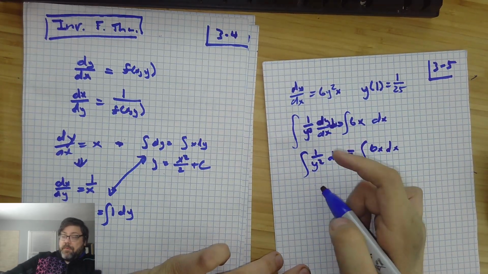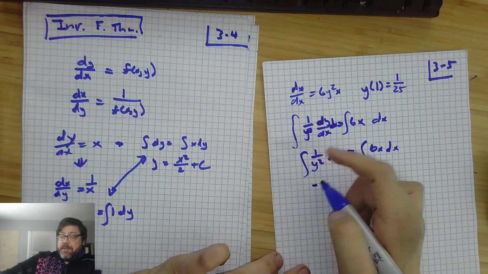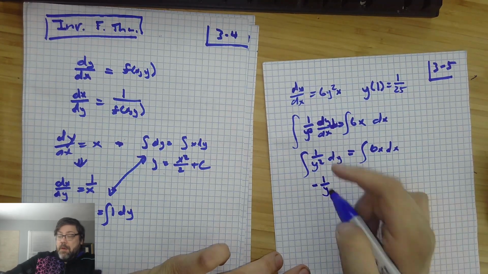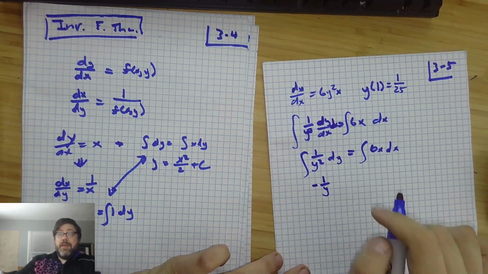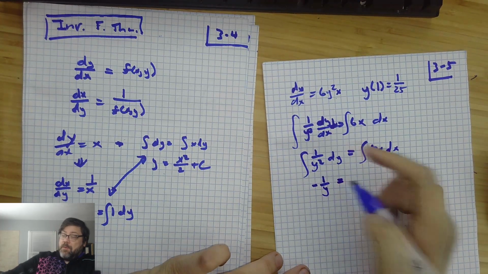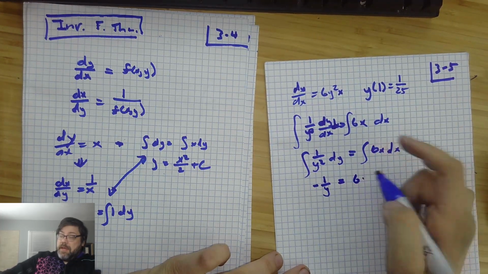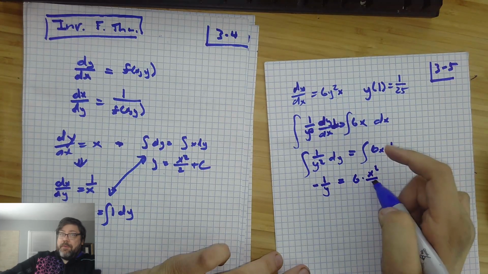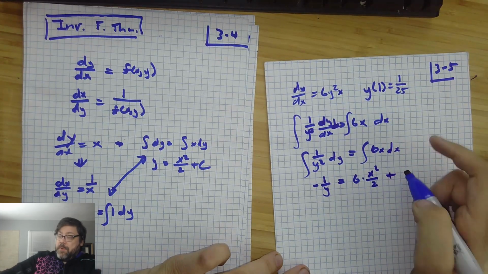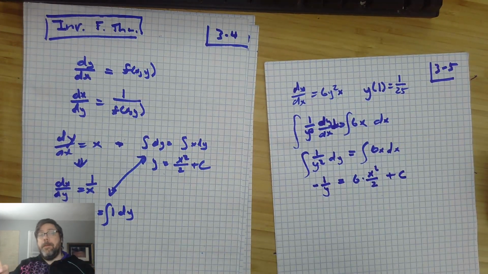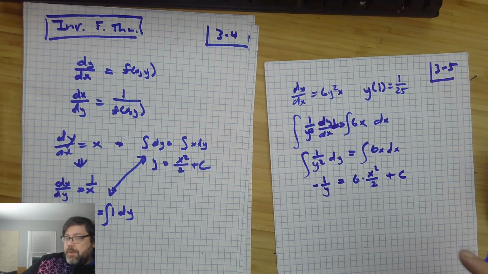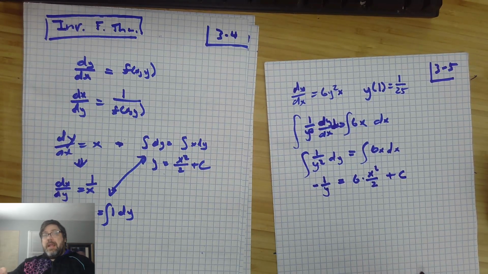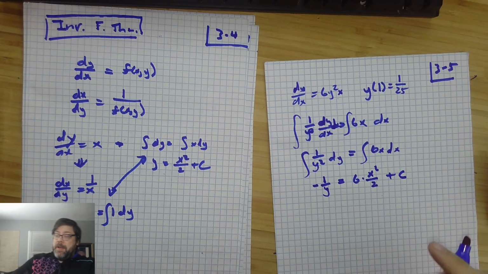The integral of 1 over y squared is just minus 1 over y, or y to the minus 1 if you want to think about it that way, equals 6 times x squared over 2. And don't forget we need this c here. Once we have this equation, now we can plug in our boundary value.